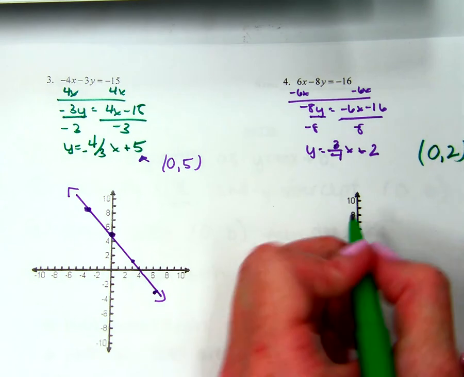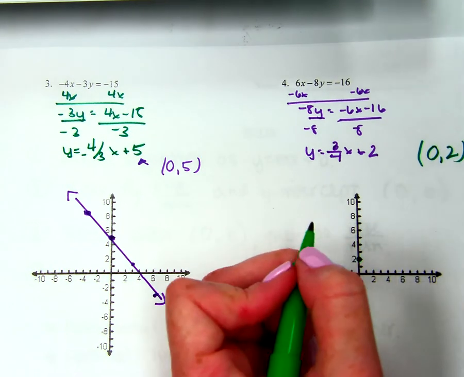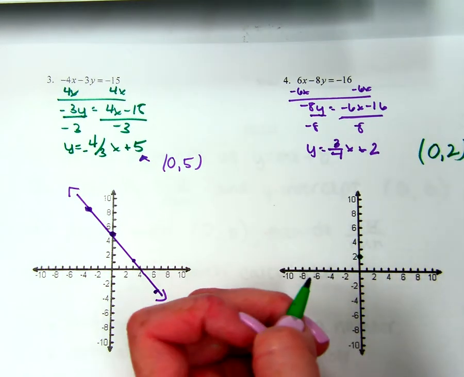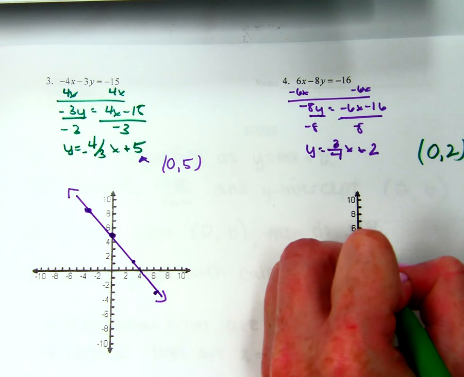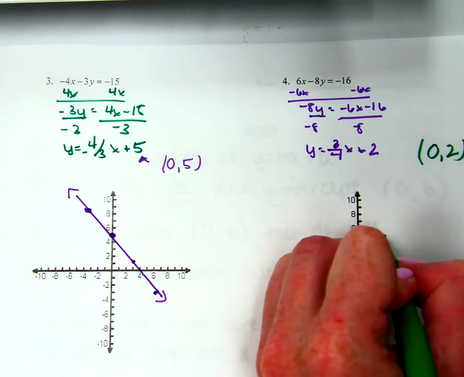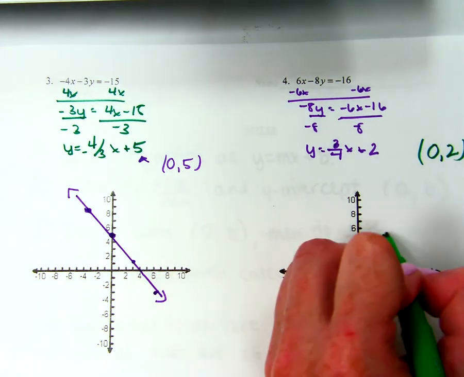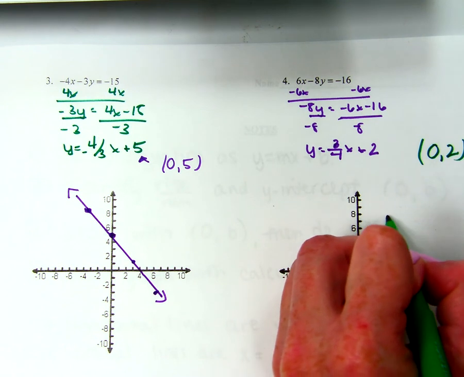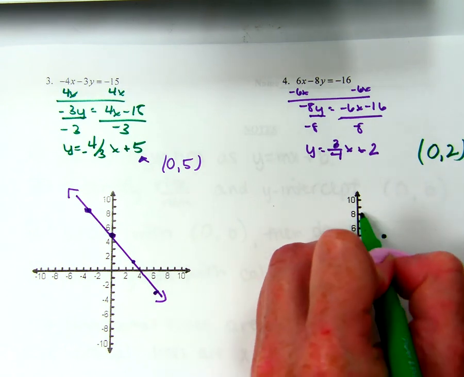Plot my point there, and use my slope. Up 3 over 4: up 3 and over 4.